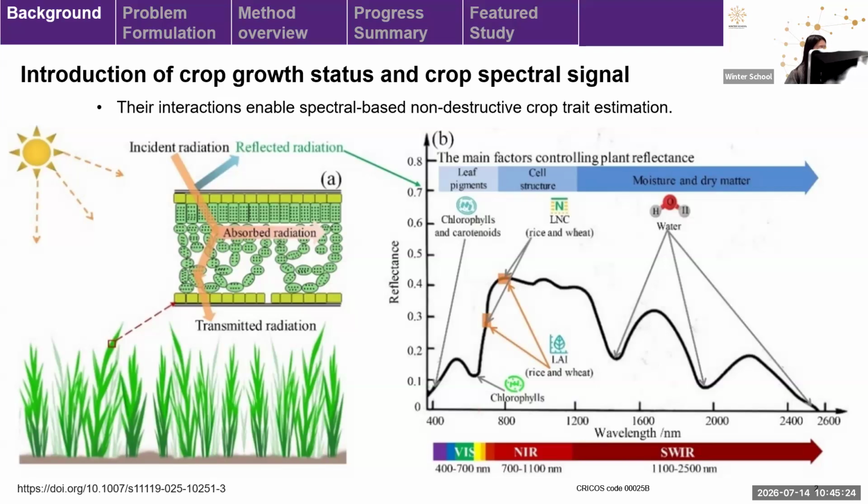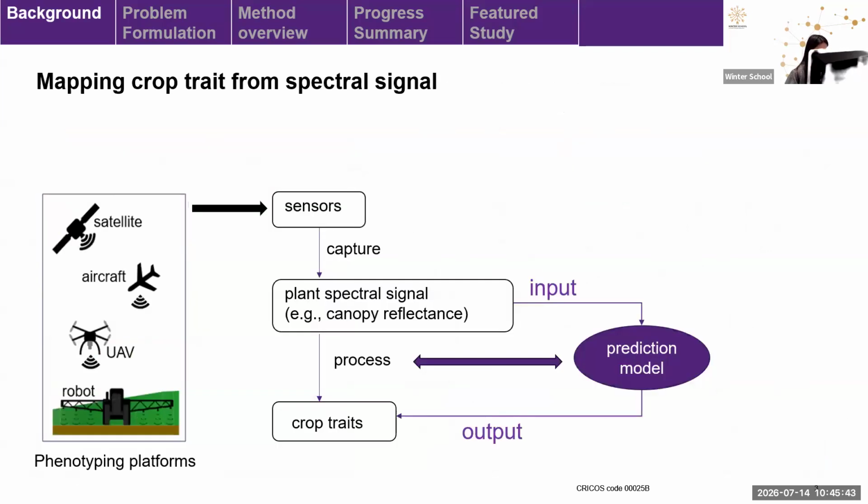That's why this signal can be captured with sensors mounted on different platforms like ground stations, UAVs, and satellites, and why the plant spectral signal can be used to back calculate the crop trait. We try to summarize the pipeline of mapping crop traits from the spectral signal here.